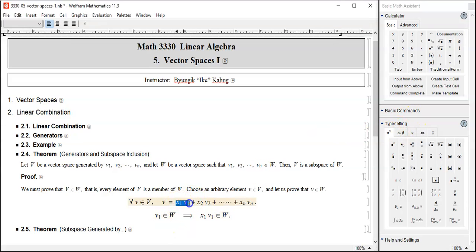So this one belongs to W. All right, and then what do we have?